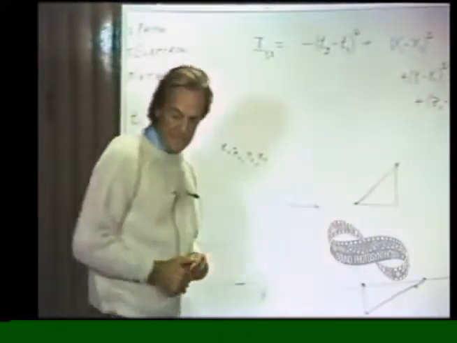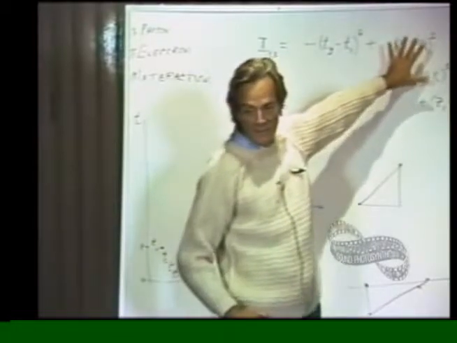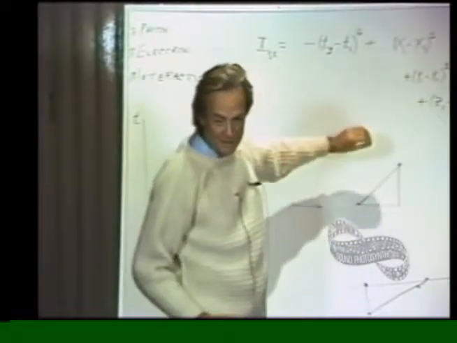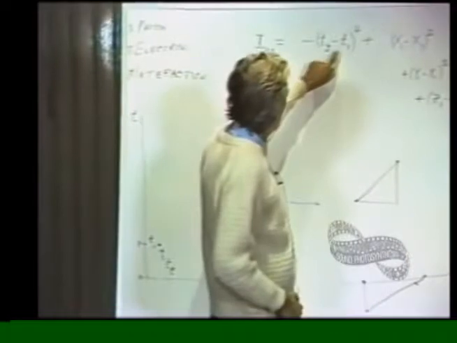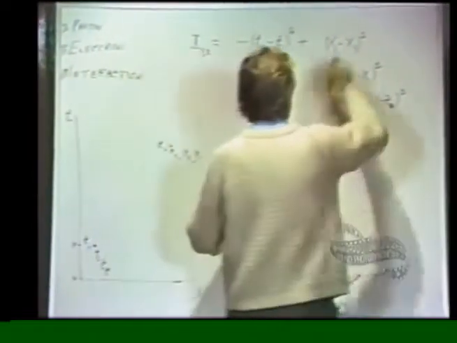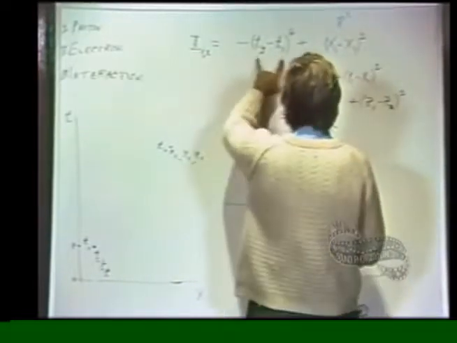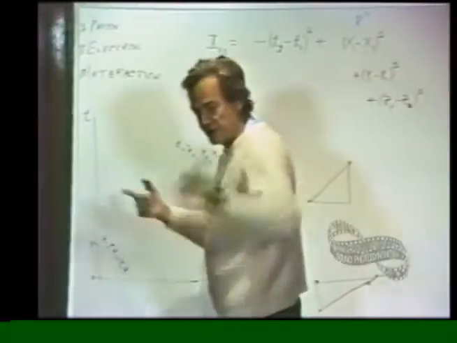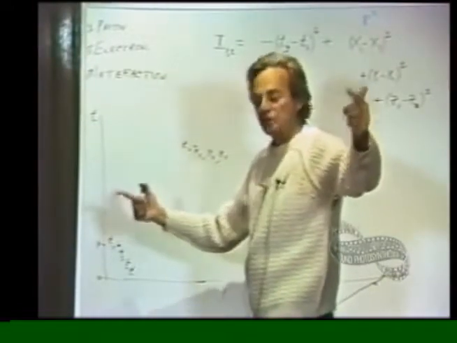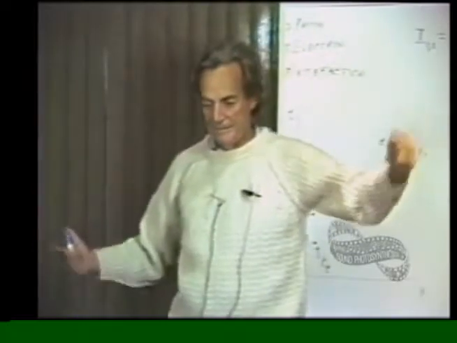This is the biggest amplitude. In fact, it's practically infinite when this square equals this square, the sum of these. So it says that when the time interval is equal to the separation in distance, that's when we get the biggest amplitude for going.